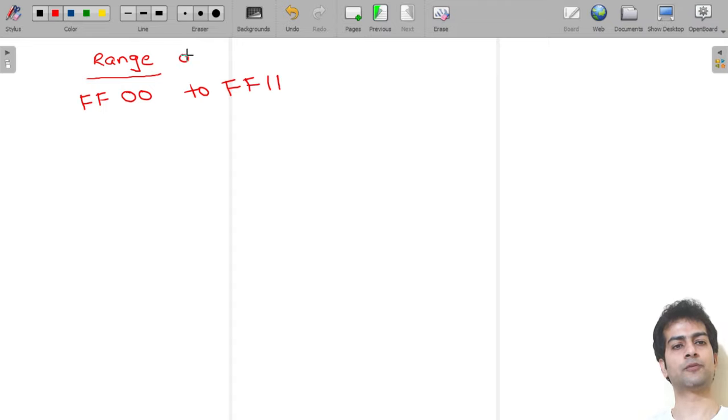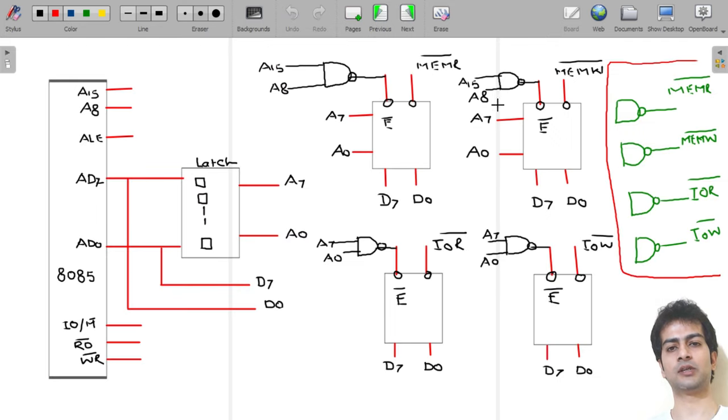This is the range of both memories, because everything is the same. The arrangement of address lines and the arrangement of data lines are the same in both memories.